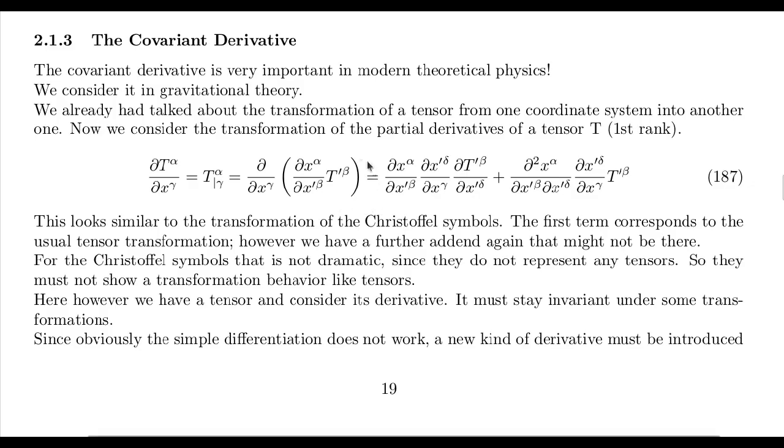Then we solve the parentheses here, and then we use the chain rule again. It means instead of dT/dx gamma, we write here dx' delta over dx gamma, and then we have a dx' delta in the differential quotient with T.